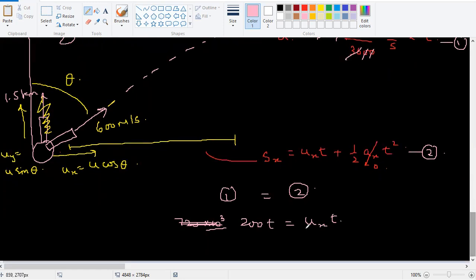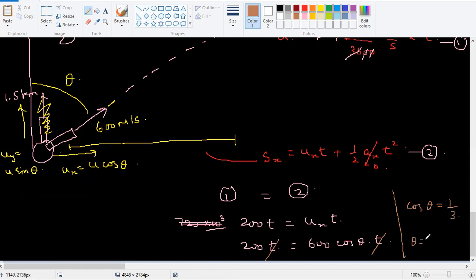So that means I can say 600 cos theta into t. So t cancels. So this will become 1 by 3. Cos theta is equal to 1 by 3. So whatever that is the answer. So theta is going to be cos inverse of 1 by 3.